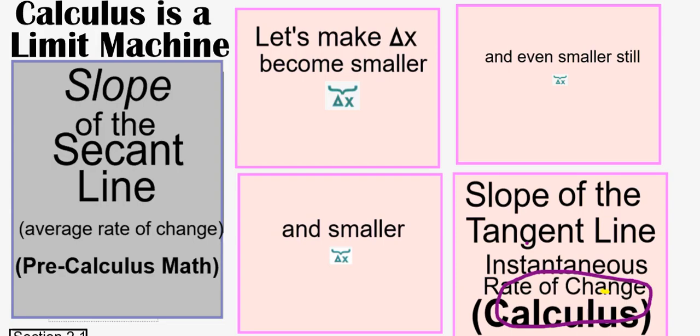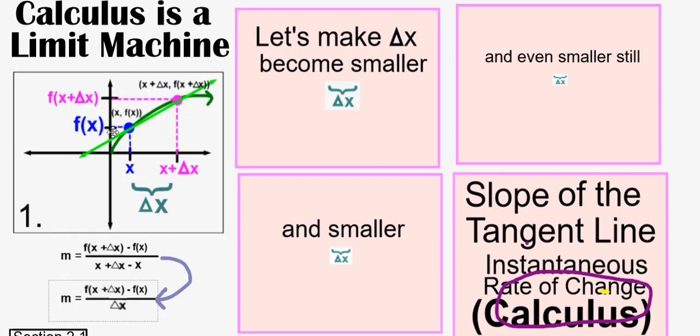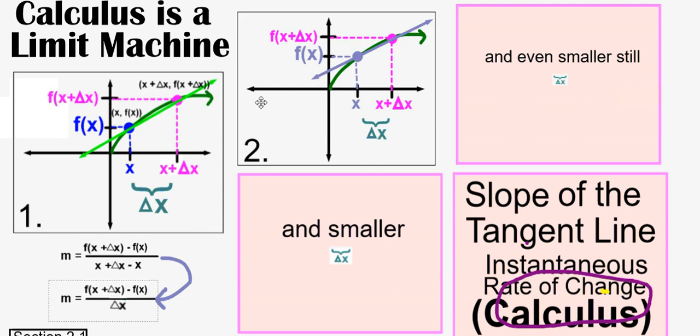All right, so let's go ahead, and this is what we just did, and we're going to look at this idea of using limits. So we're going to have delta x become closer and closer to 0. We're going to scooch. See how x is being scooched a little closer to x plus delta x.